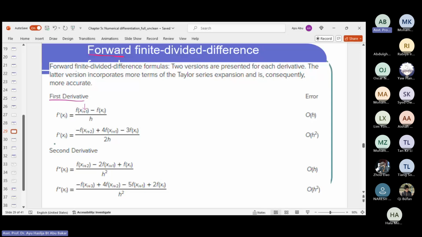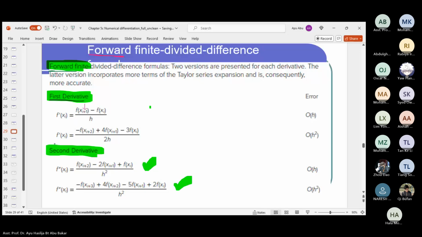This is for forward. First derivative. Second derivative. So if the question asks you to do second derivative, substitute the info into this equation.